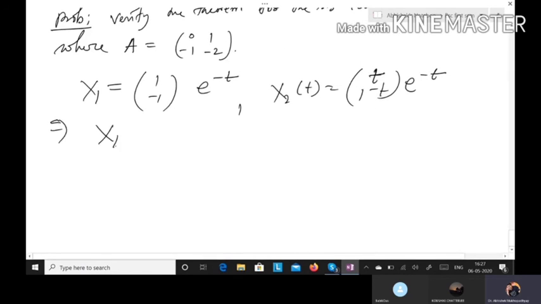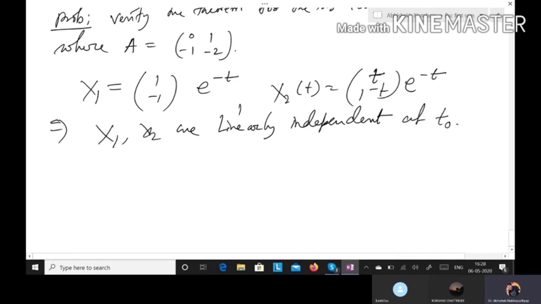So x1, x2 are linearly independent at t naught.